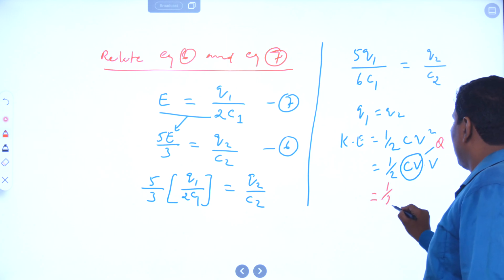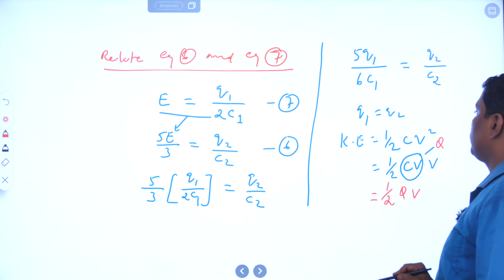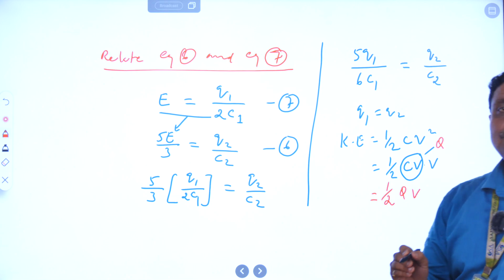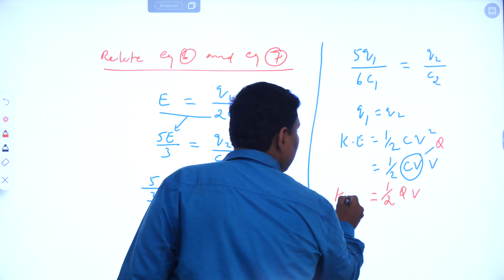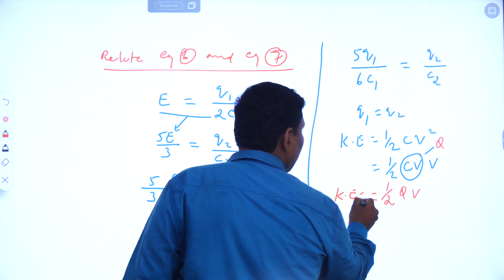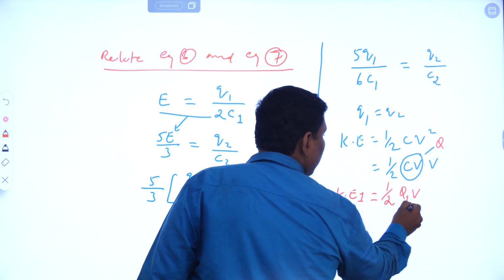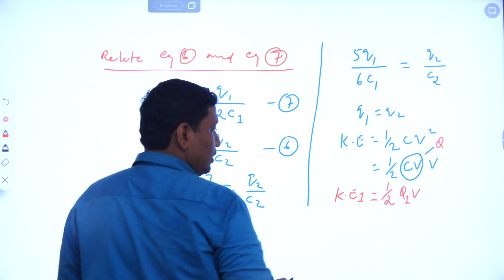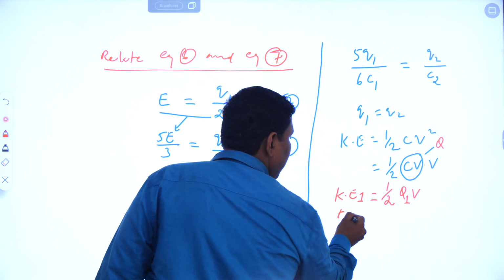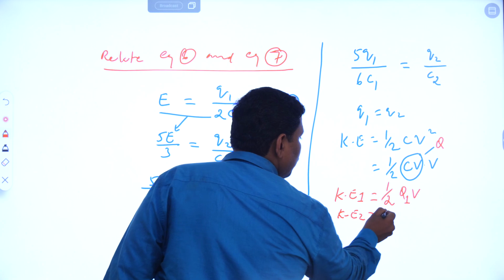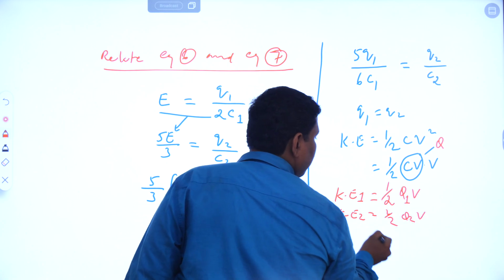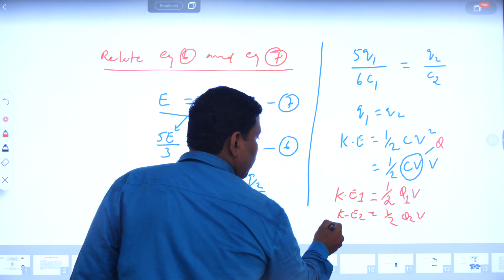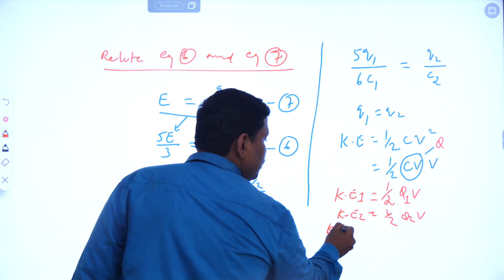So this is half QV. So the energy of both the capacitors we can consider. For example, the energy for capacitor 1 is half Q1V, and the energy of the second capacitor, E2, equal to half Q2V. As per the problem statement, both the energies are same.